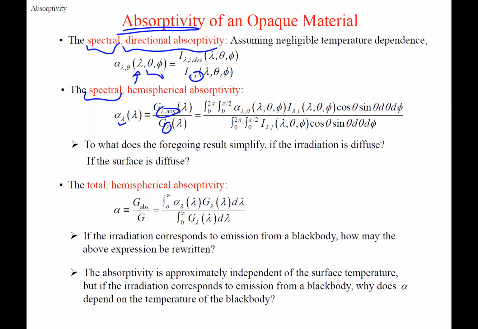And then total, so that's now integrating over those wavelengths, we have the total. So now it doesn't have that subscript on it at all, and this will play a role when we see it in these equations.